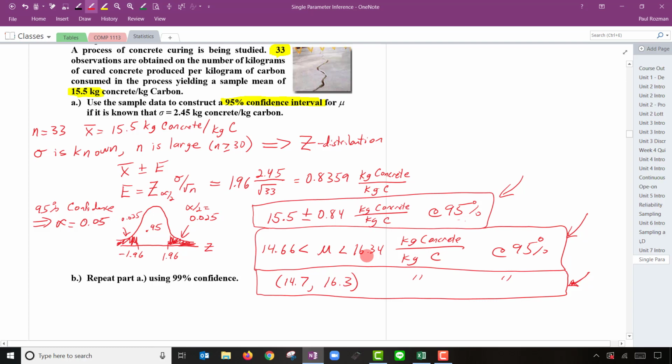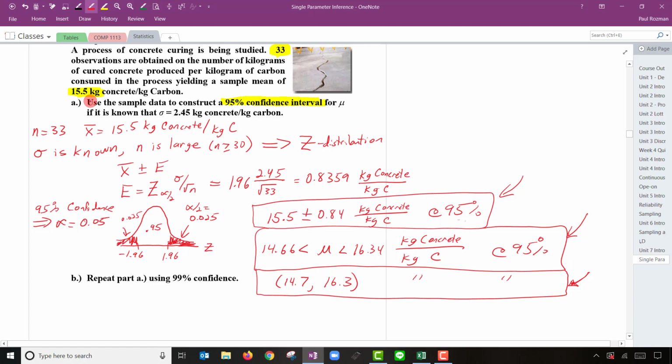And I'm really not judging this individual one. I'm judging the overall process. This 95% is referring to me making confidence intervals over and over again. Like I had 33 slabs, I tested them, I had a mean of 15.5.